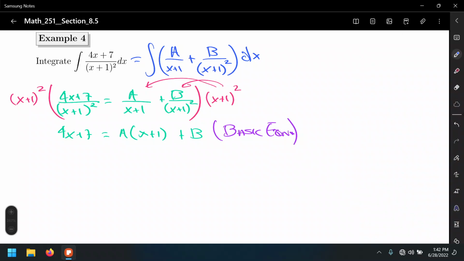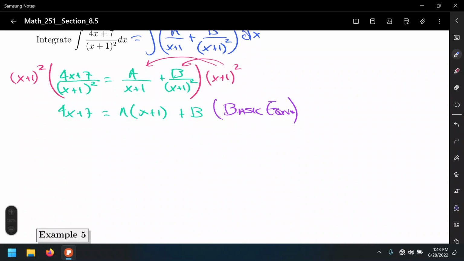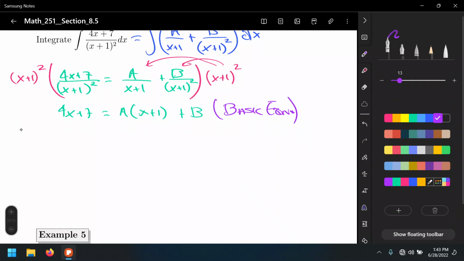Alright, now here is where it gets a little bit tricky, because how many letters are we supposed to find? 2. And in this case, how many convenient values do we have so we can find one of them? At least 1. Okay, so let's do that one. What's that convenient value? X equals what value? Negative 1. That should work. Great.